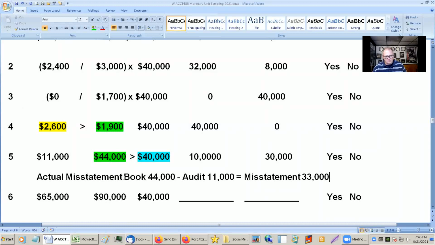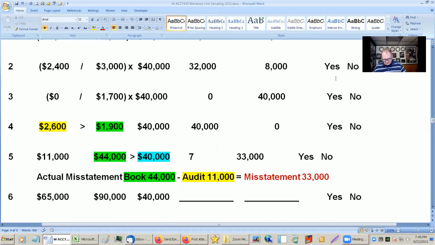So this would actually be the misstatement, 33,000. And here's why. We actually know that it's off by 33,000. It's off by more than that. You probably won't need to put it in, but this would be 7,000 for that one.